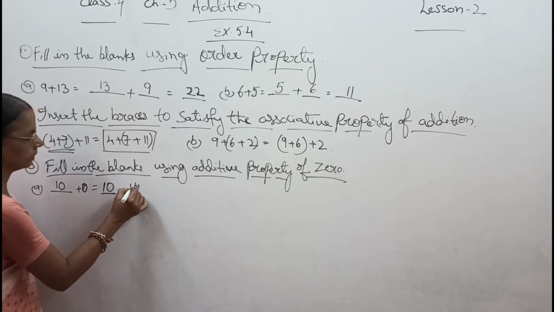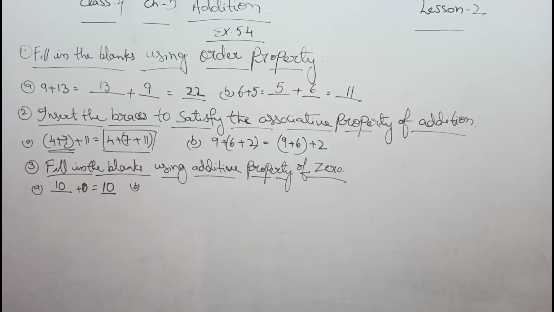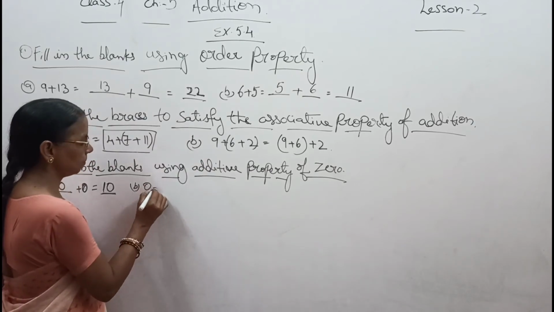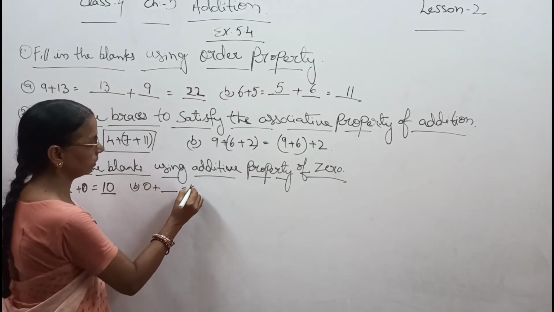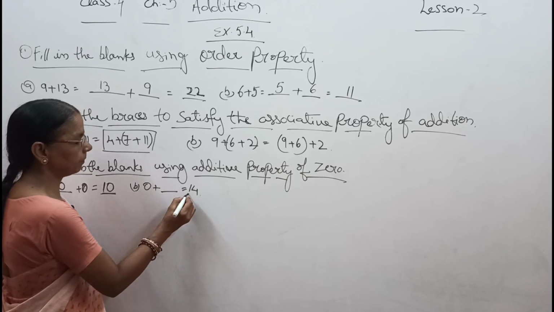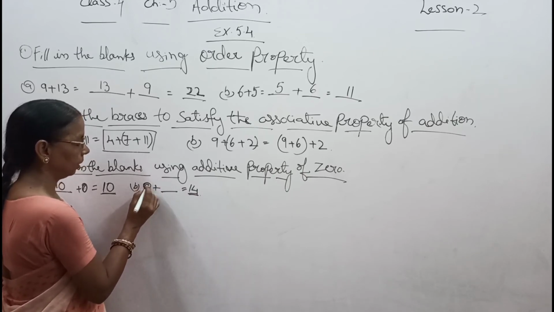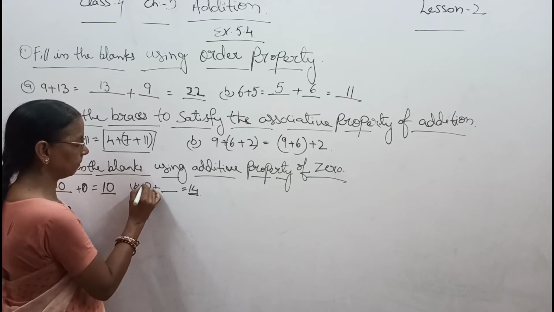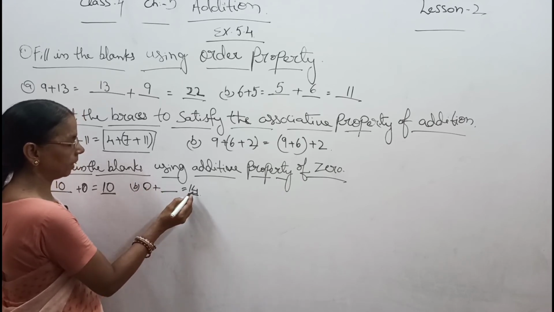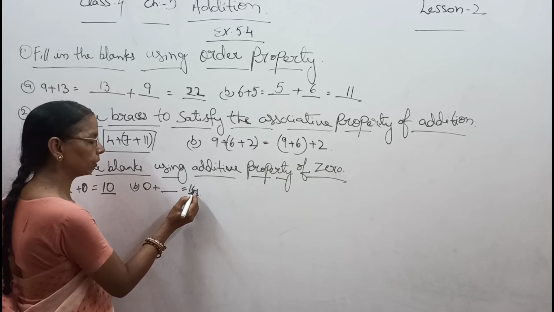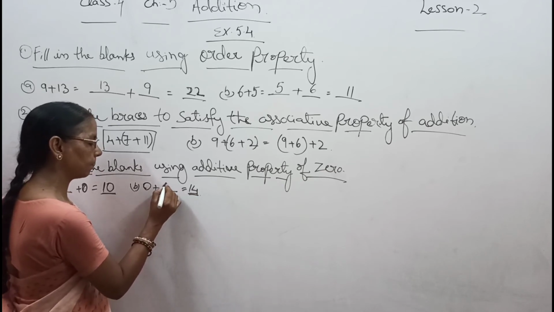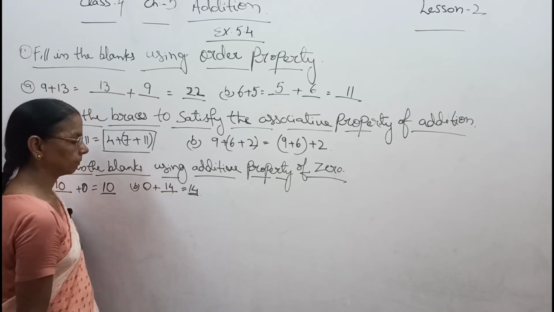Like this, the second question: 0 plus dash equals 14. The answer will be 14, but the number is not given, so it automatically comes to mind that when we add 0 with 14, the number will be the same, that is 14.